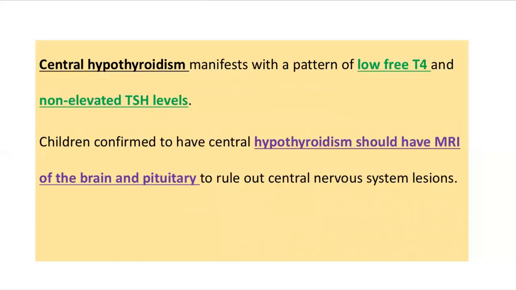Central hypothyroidism اللي هو secondary with tertiary manifests with a pattern of low free T4 and non-elevated TSH. Children confirmed to have central hypothyroidism should have MRI of the brain and pituitary to rule out central nervous system lesions.